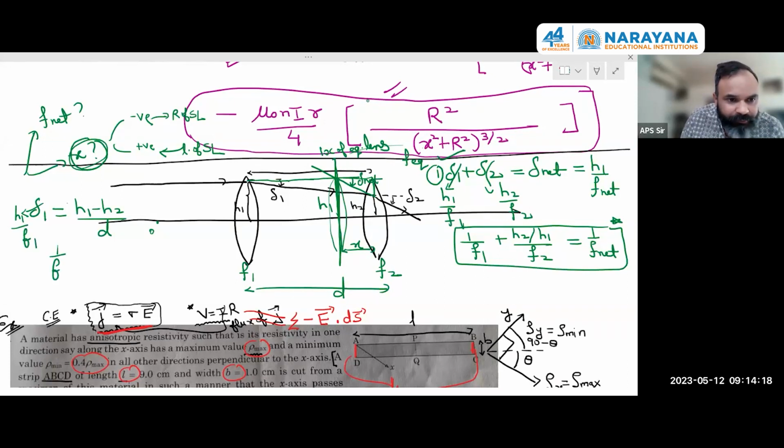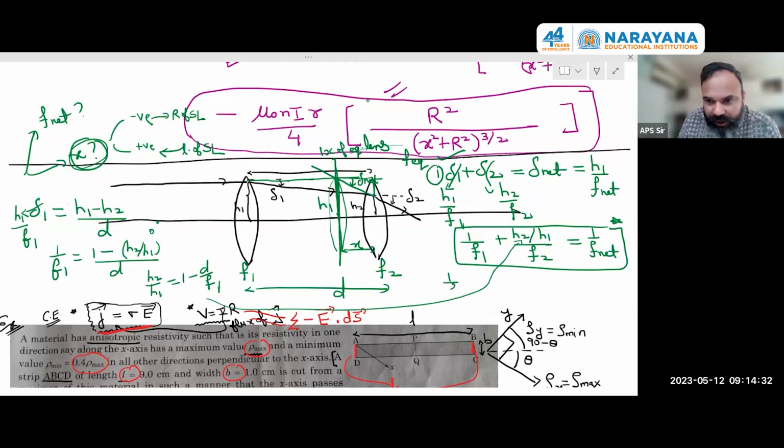So 1 upon F1 is equal to 1 minus H2 by H1, the whole divided by D. So H2 by H1 comes out as 1 minus D by F1. Substituting here, we get 1 upon F1 plus 1 minus D by F1 upon F2, that is 1 upon F net. So the first part of the derivation gives 1 upon F1 plus 1 upon F2 minus D upon F1 F2.